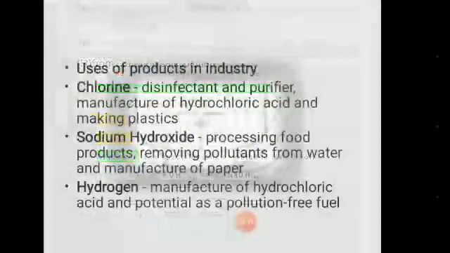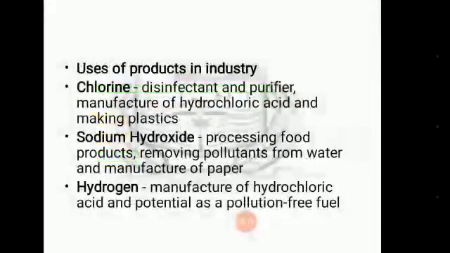If we see the uses of products in this industry, there are three products: chlorine, sodium hydroxide, and hydrogen. Chlorine is used as a disinfectant and purifier, in manufacture of hydrochloric acid, and in making plastic.